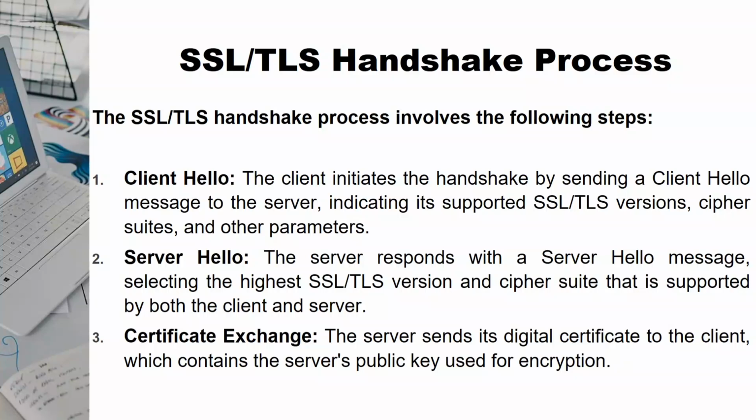This includes the server's chosen SSL/TLS version, the server's chosen cipher suite, and also a random session ID. So Amazon's server responds with a server hello message indicating that it has chosen TLS 1.2 and AES 256 encryption.